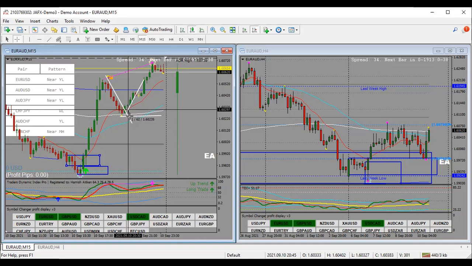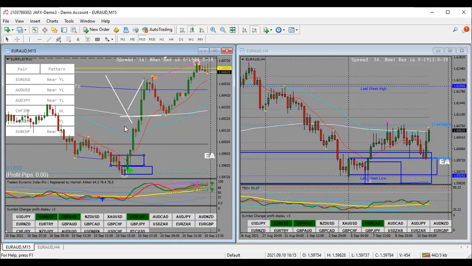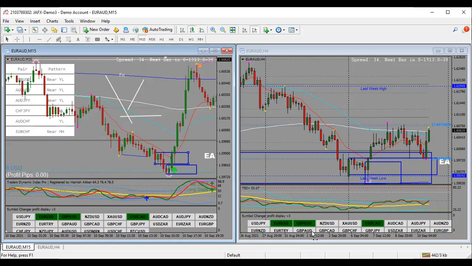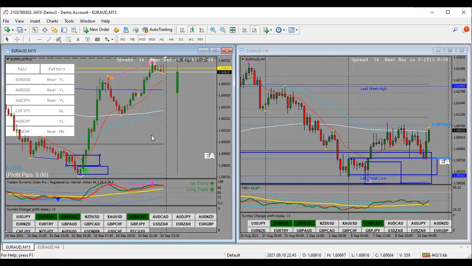Look at it: this is a 6 pip stop loss, and the equal highs gave 30 pips, almost a 1:5 ratio. So if after a retracement you draw a trend line break, and as it breaks to the top you are in the trade. Good one. Does that make sense? In case you miss it, that's the way to go.